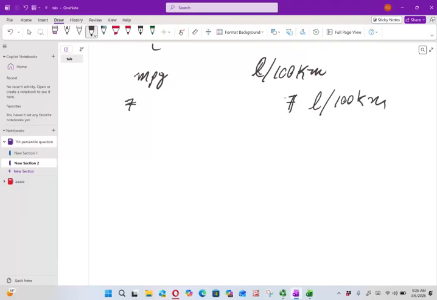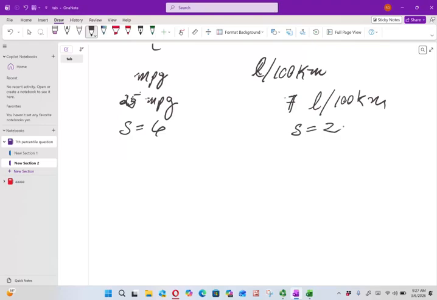And on the miles per gallon, we have 25 miles per gallon. And I'm just making this up. The standard deviation is 6 miles per gallon, and the standard deviation here is 2 liters per 100 kilometers.